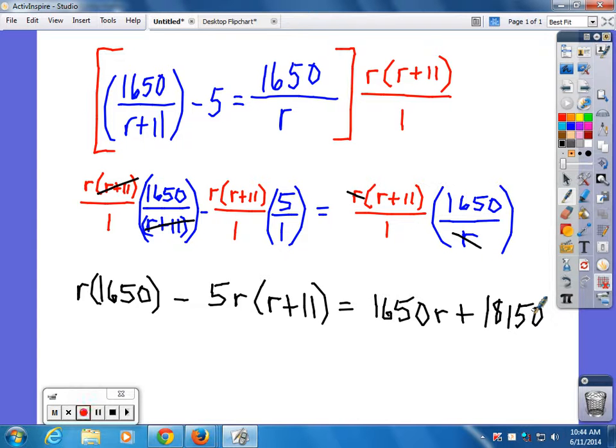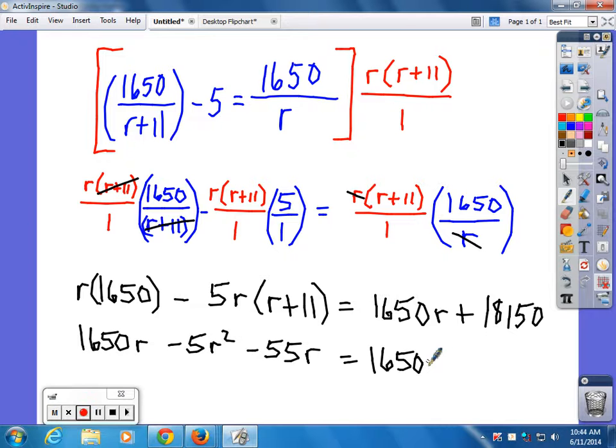This is 1650r minus 5r squared minus 55r is equal to 1650r plus 18,150.